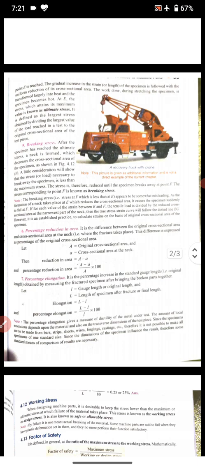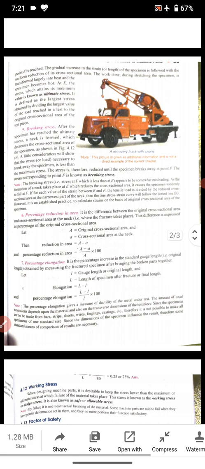Final area is smaller than the initial area. So percentage elongation is equal to capital L minus small l upon small l multiplied by 100.